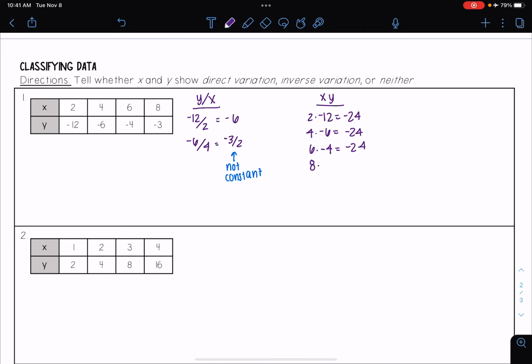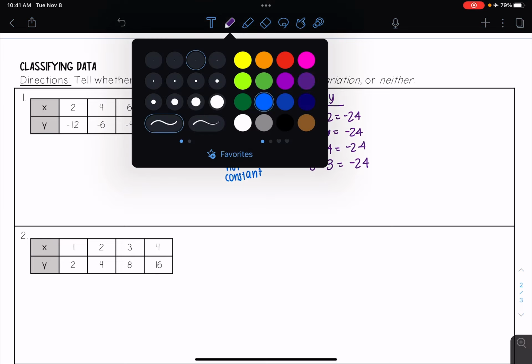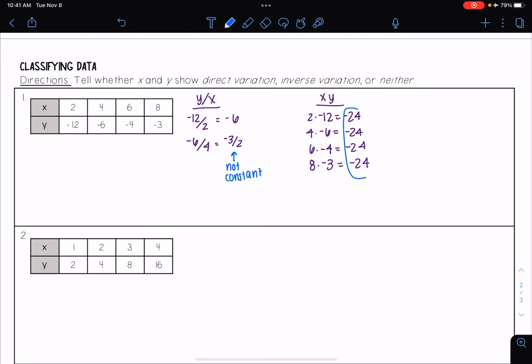And 8 times -3 also gets me -24. So when I multiplied, I got a constant number of -24. Since the products were constant, this shows inverse variation.